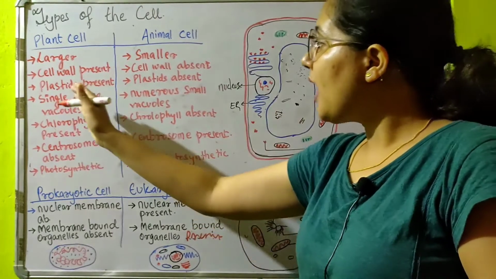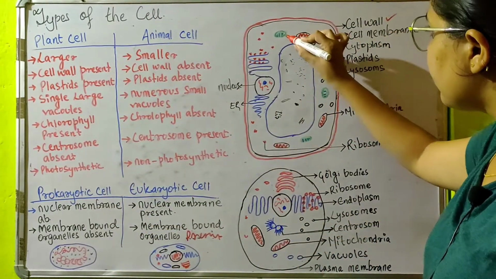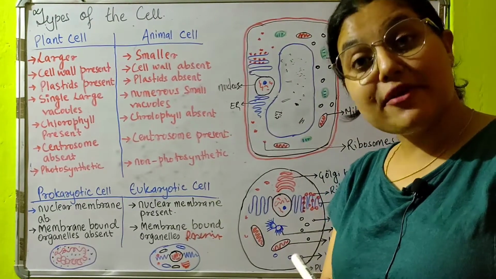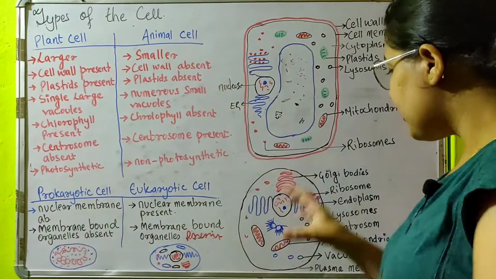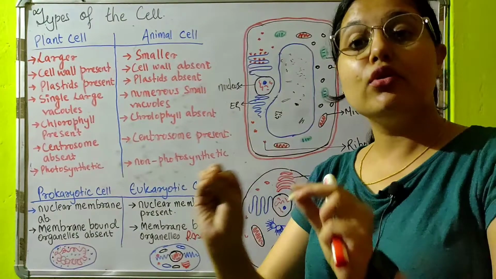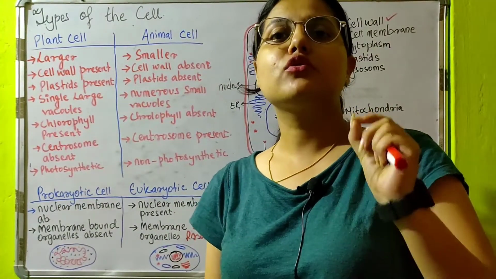And plastids are present in plant cell, plastids are absent in animal cell. You see this green color. This green color organelle is known as plastids. They are present in plant cell, but can you see any green color thing out here in animal cell? No. There are no green plastids in animal cell. Plastids are also known as chloroplast.